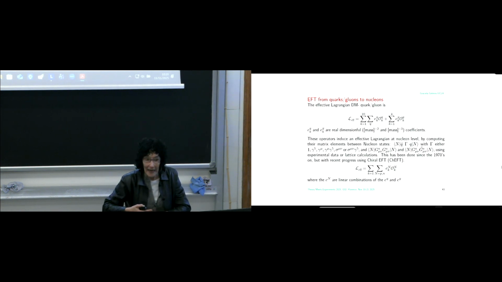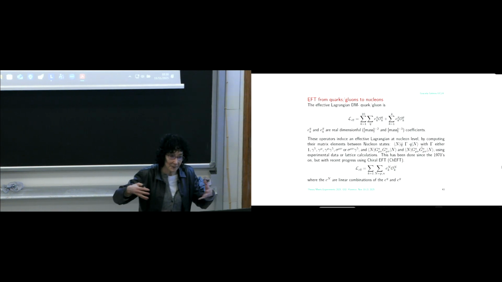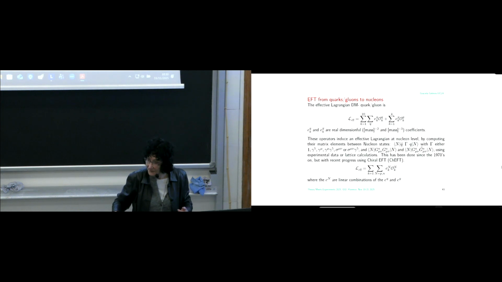Chiral EFTs are a branch of nuclear physics at the contact between nuclear physics and QCD, that have been developed by a bunch of different nuclear physicists. They have done very pretty things unrelated to dark matter, and a lot of them related to dark matter too.